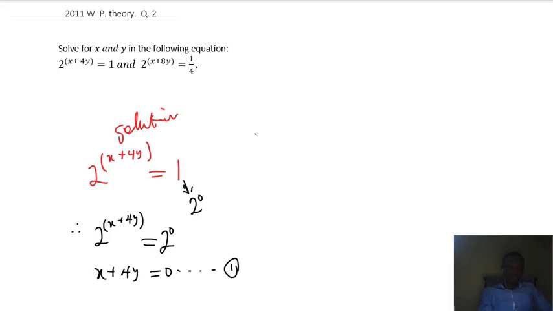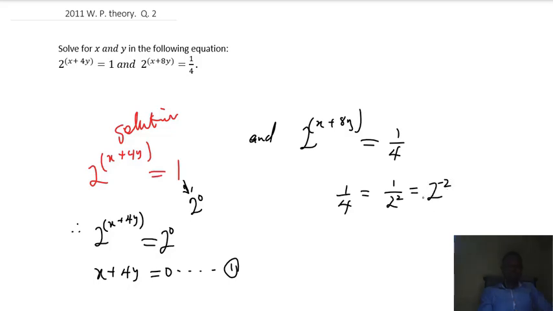Let's build that one too. We have 2 exponent x plus 8y equal to 1 over 4. So 1 over 4 can be written as 1 over 2 exponent 2, which is the same as 2 exponent negative 2.